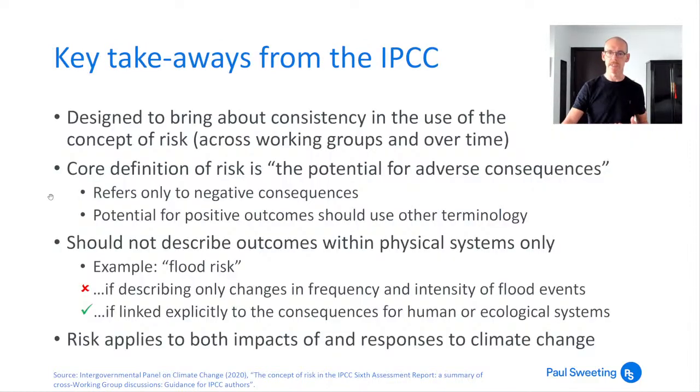And the reason that they did this was because they could see with the previous work there was a lack of consistency in what different authors were meaning when they were talking about risk. So this piece of work was put together to try to ensure consistency in the use of the concept of risk, both across all the working groups, because the work they do is carried out by a large number of authors, but also over time as well.